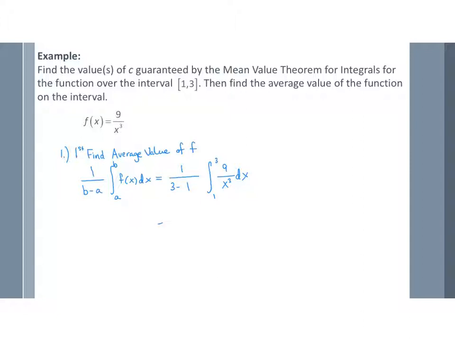And this equals 1/2 times the integral from 1 to 3, and let's go ahead and rewrite that as 9x to the negative third dx to integrate using the power rule. So let's go ahead and integrate: raise the power on x and divide by that new power, from 1 to 3.